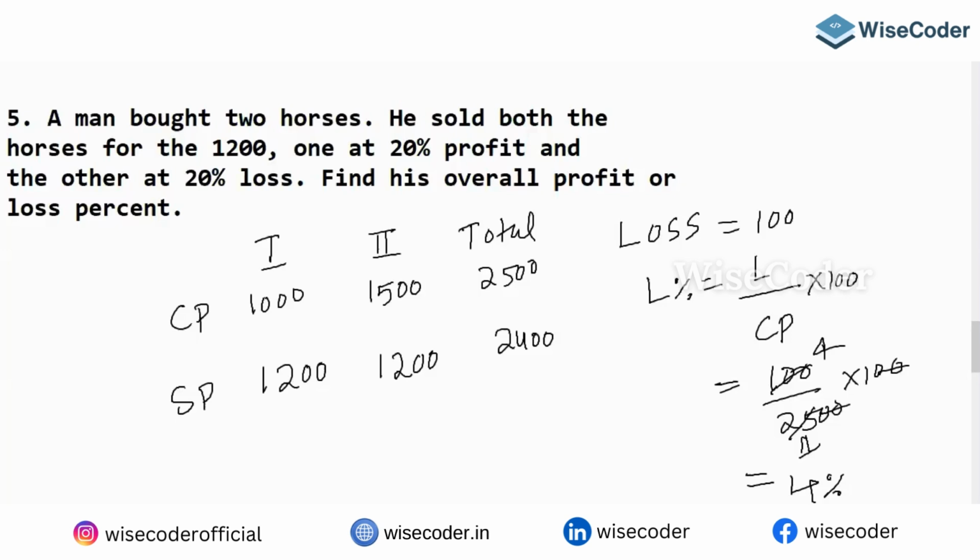So now please write down a note. When the selling price of two articles is the same, by selling the first article at X% profit and the other at X% loss, then the overall loss, guys, in this particular question you are always going to get a loss only.